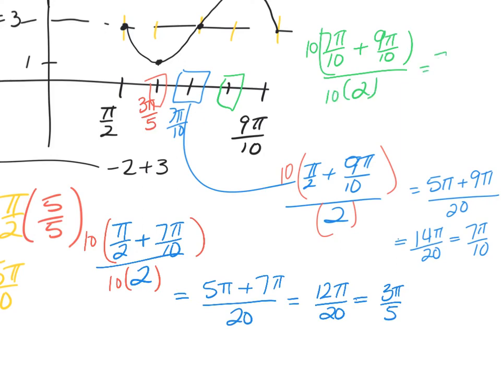I end up with 7 pi plus 9 pi all over 20, which is 16 pi over 20, which reduces to 4 pi over 5. So this one is 4 pi over 5. Now, in tomorrow's lecture, we're going to do it again, but we're just going to hit the key points and we're going to do it by transformations.